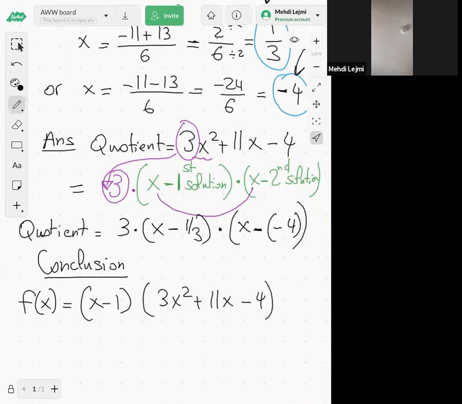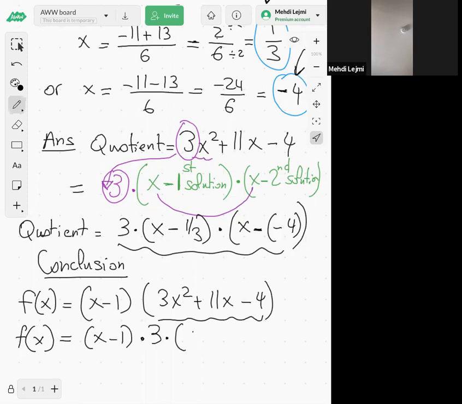Now, this is step 2, but in step 3, we factored the quotient, right? So it's x minus 1 times 3 times x minus 1/3 times x minus -4. Right? That was my quotient.